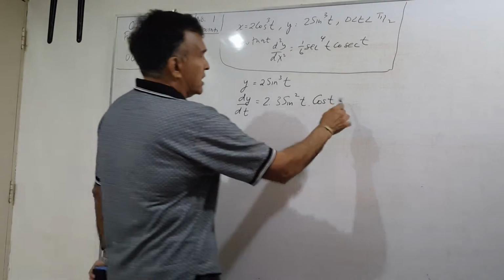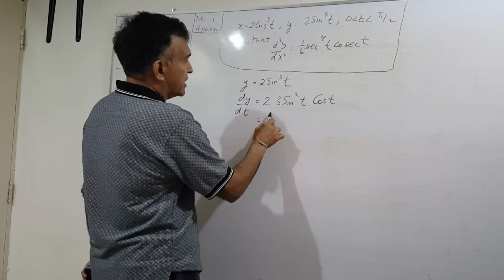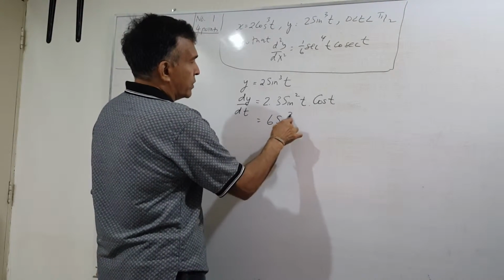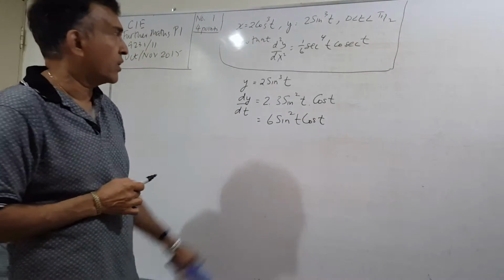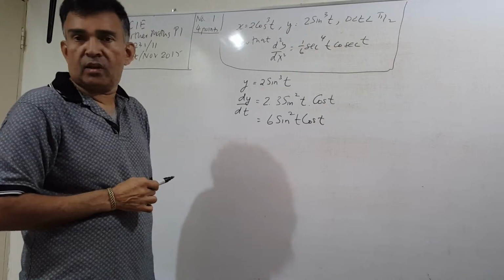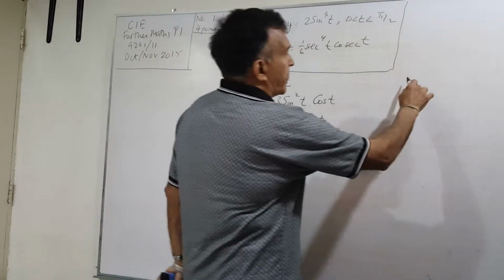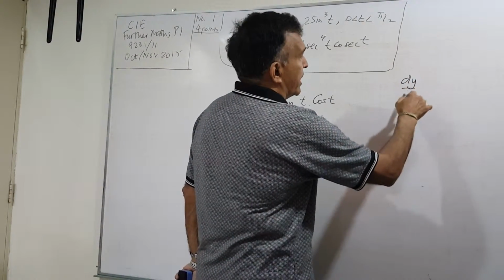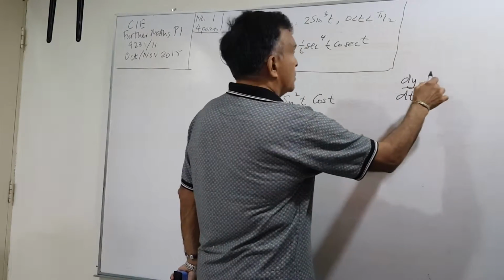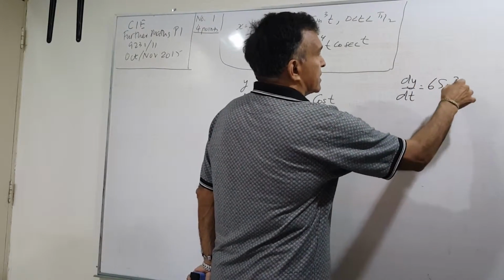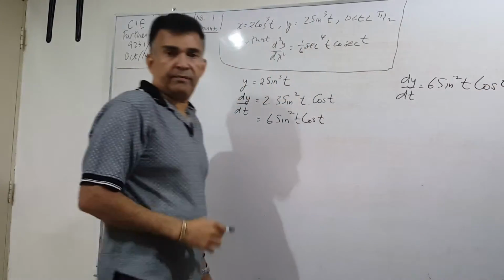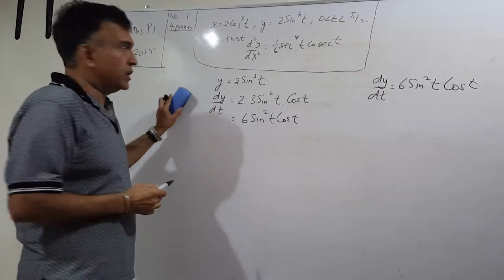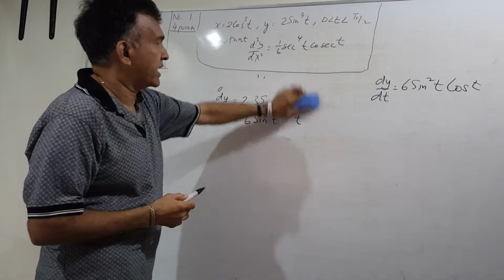So here we will get 2 times 3 is 6 sine squared t cos t. So dy dt equals 6 sine squared t cos t.